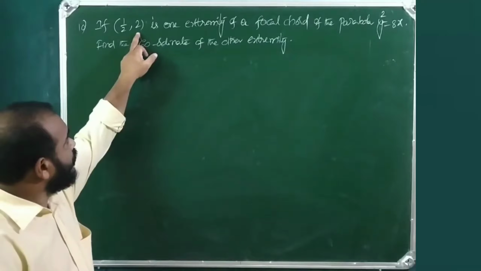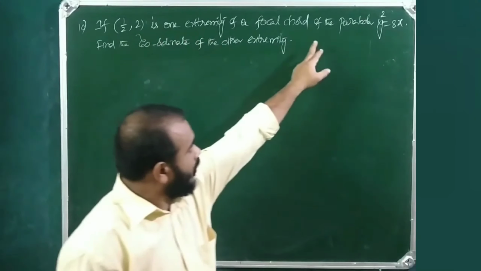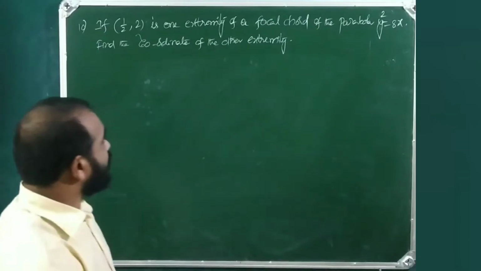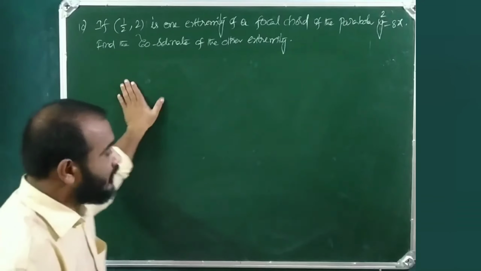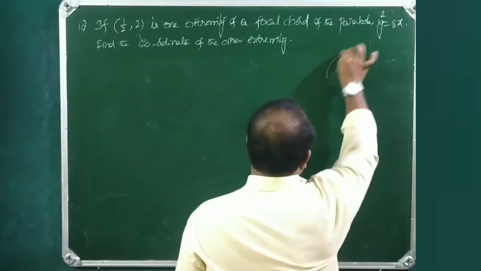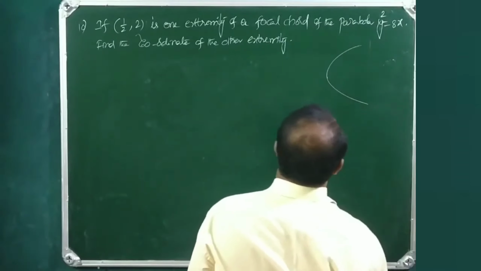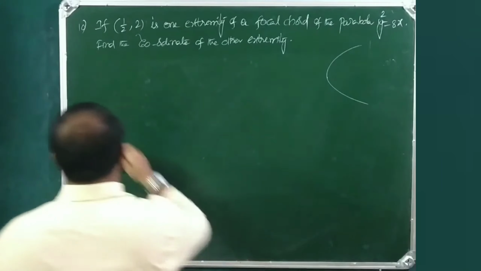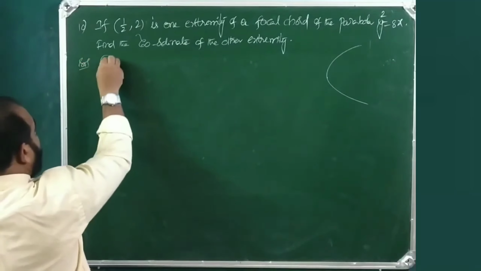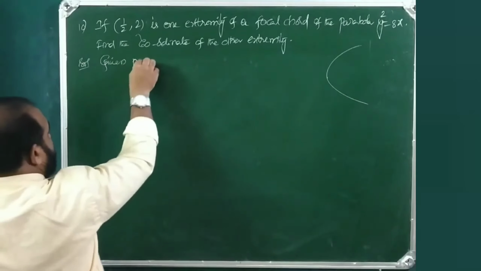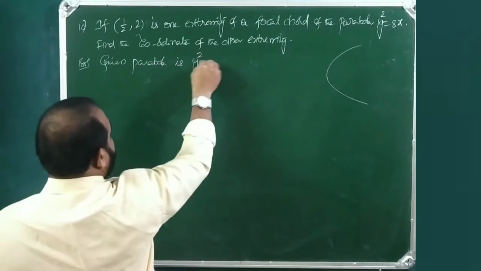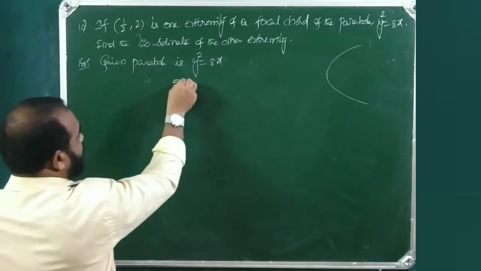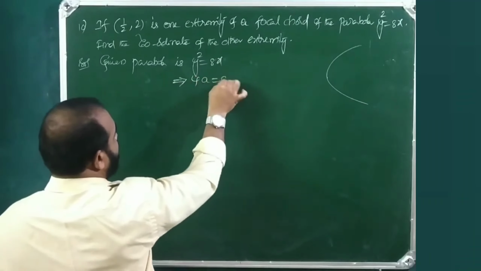If 1 by 2 comma 2 is one extremity of a focal chord of a parabola y square equals to 8x, find the coordinate of the other extremity. That means this is the parabola given, y square equals to 8x. So given parabola is y square equals to 8x, which implies 4a equals to 8.